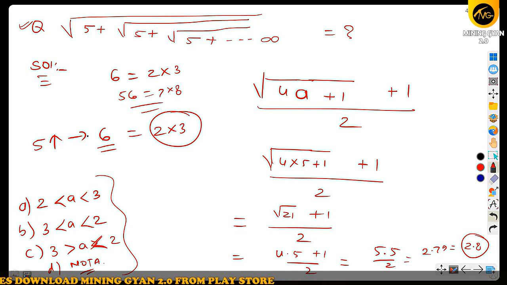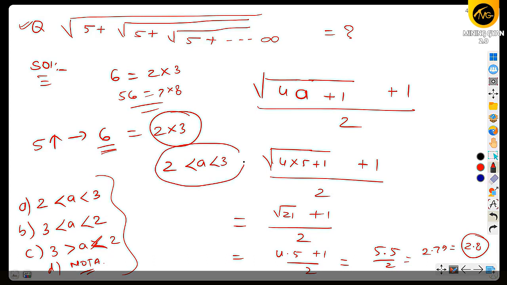Clear? Now in this case we just imagine the bigger number than 5, that is 6, and now we can break it down into its factors, 2 into 3. Now in this case we can write 2 less than a less than 3. Clear? Now what is the answer?